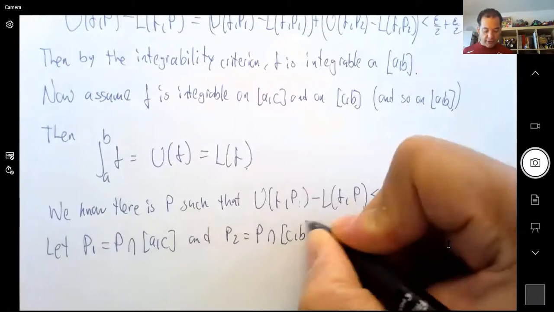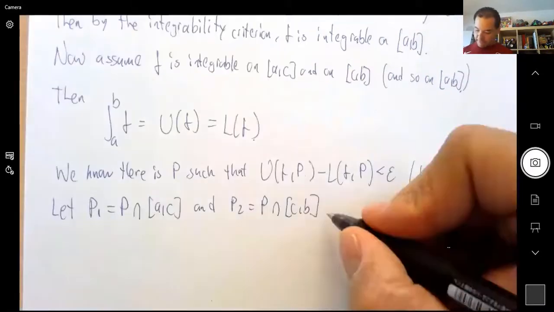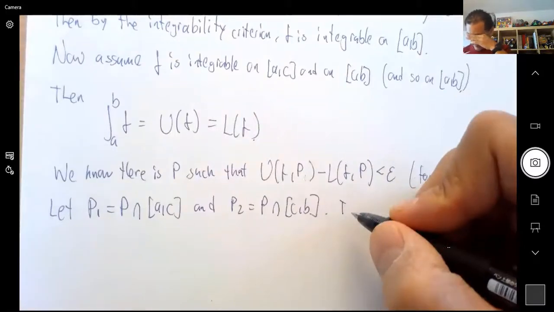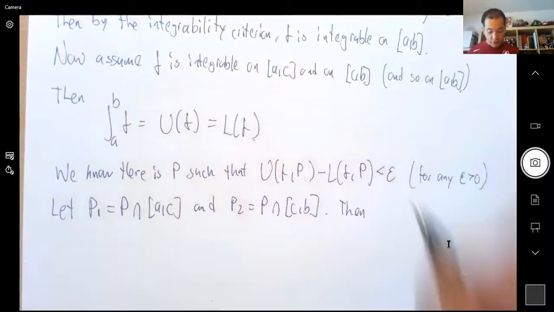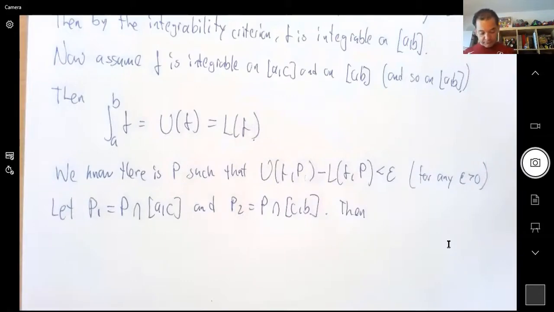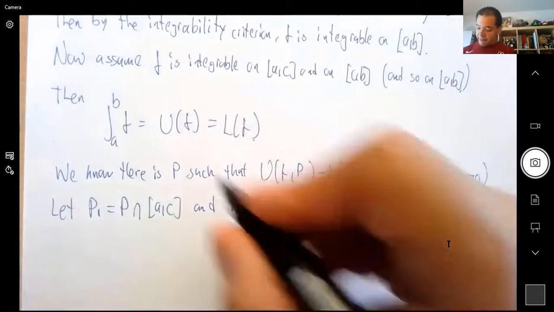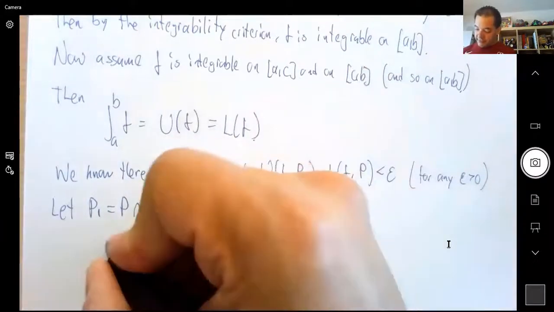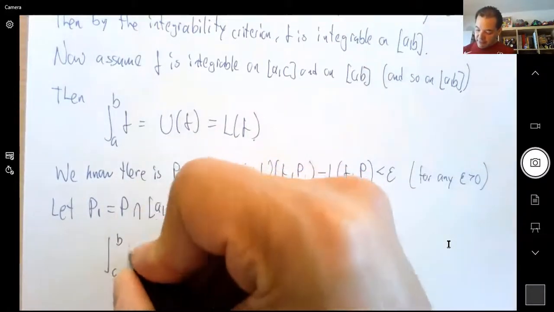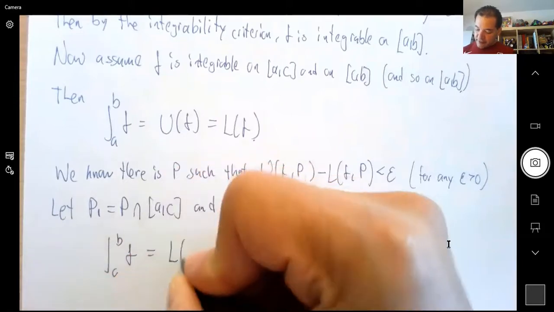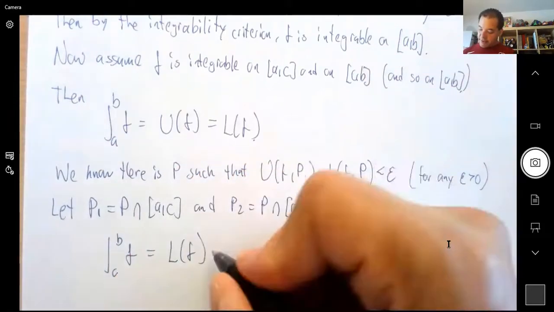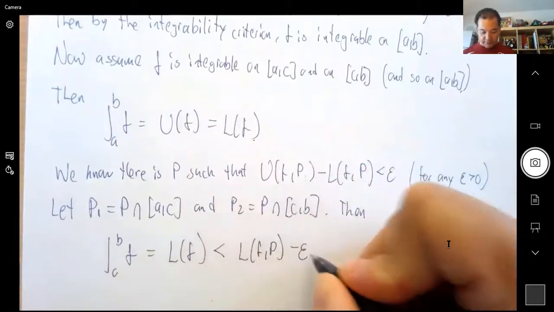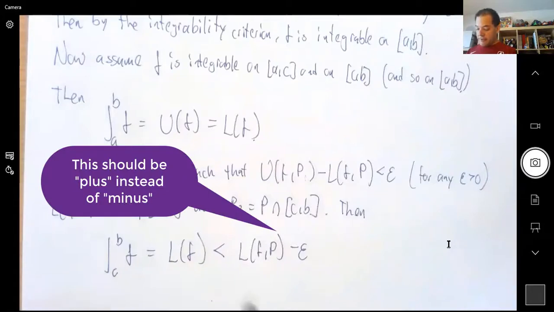And then what we have is that, first of all, the general integral, the lower integral of f, right? So let's remember. So then this integral is less than L of f, P minus epsilon, right? Because this is the supremum.